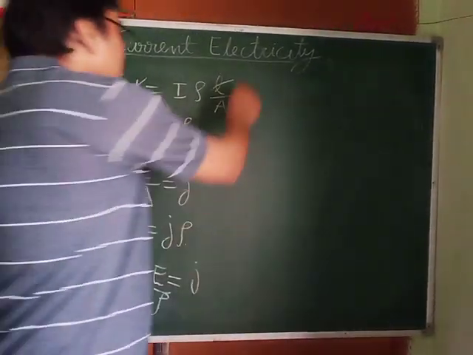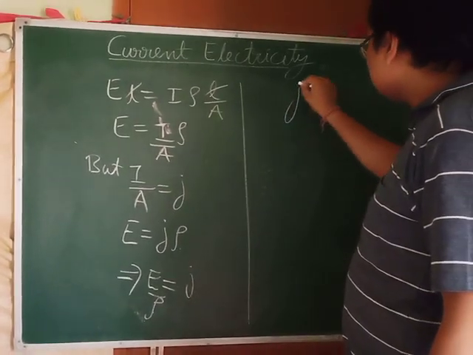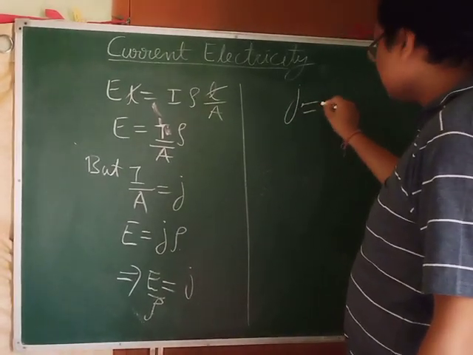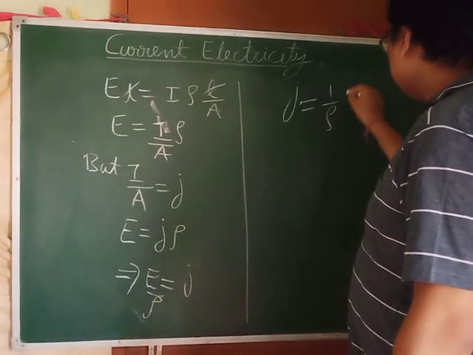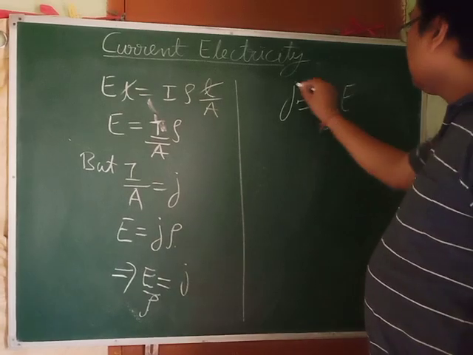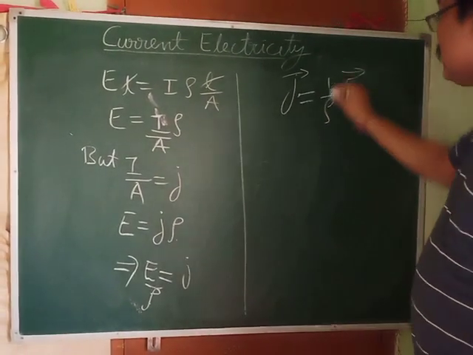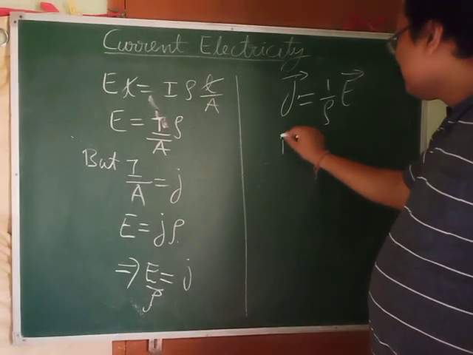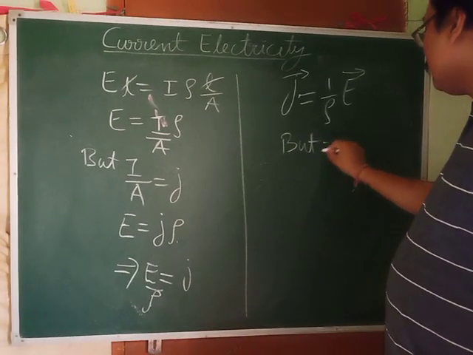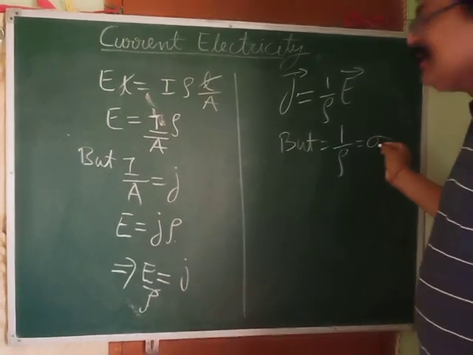Now see what else we can do from here. We can write J is equal to 1 by rho into E. J is a vector quantity, E is a vector quantity, rho is a scalar quantity. What is 1 by rho? 1 by rho is sigma, the conductivity.